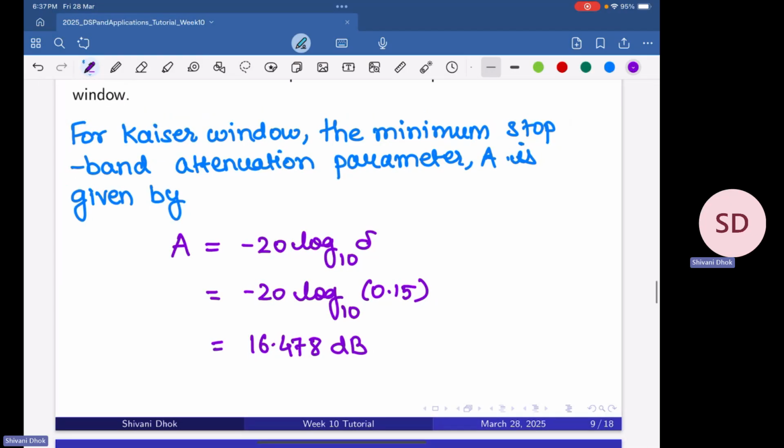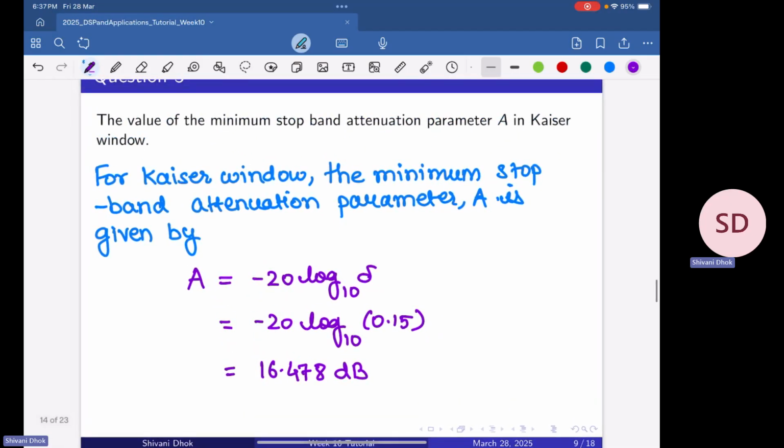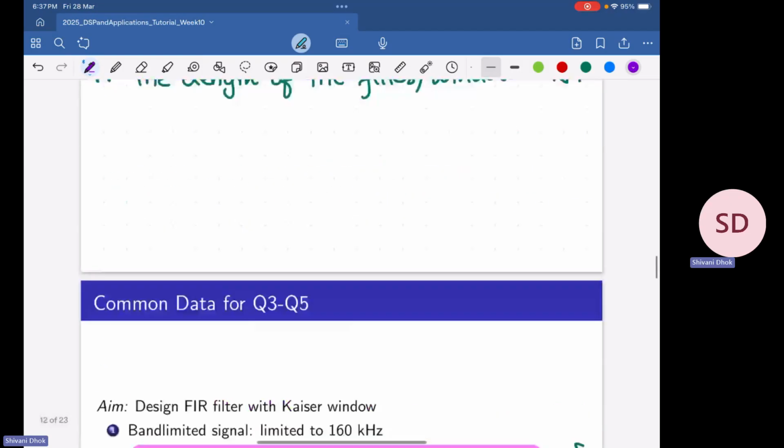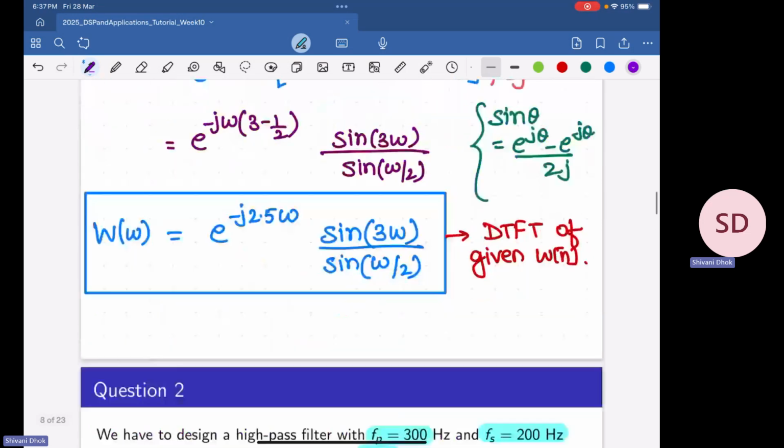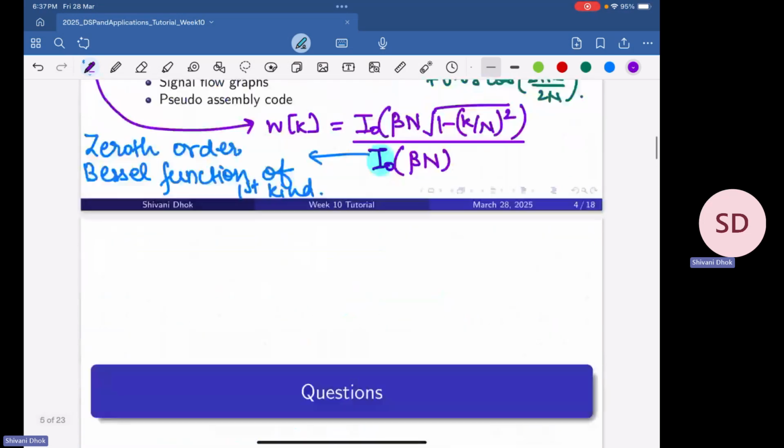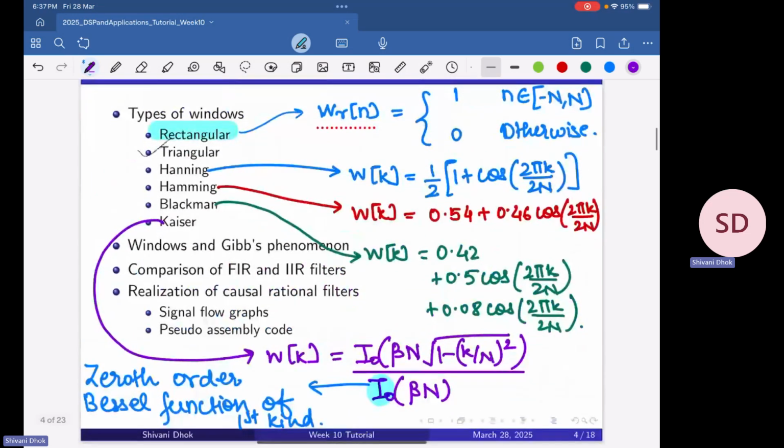Is it clear? Any questions? So this is the first parameter that we need to figure out in order to design our Kaiser window. But if you observe carefully, the Kaiser window equation that is in the form of your Bessel function depends on two factors.